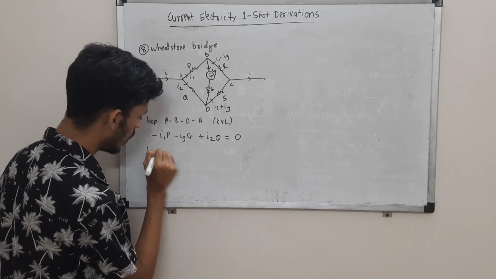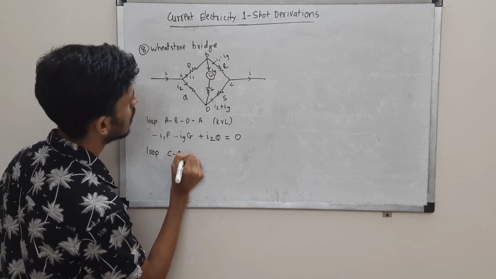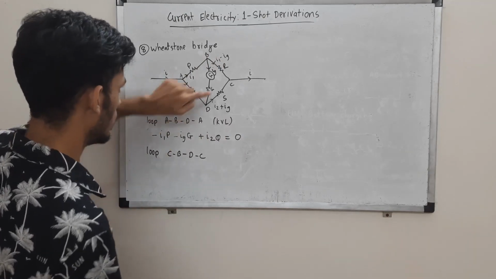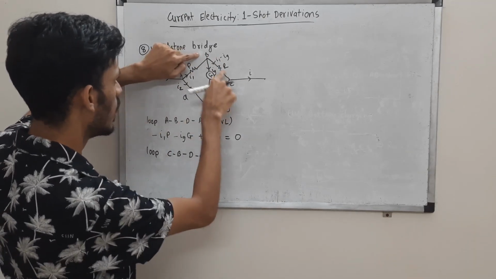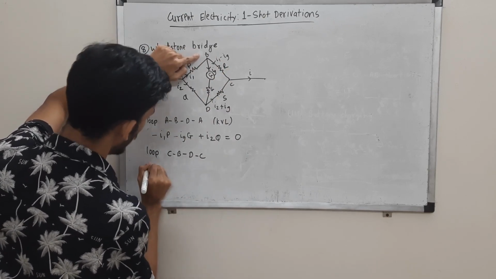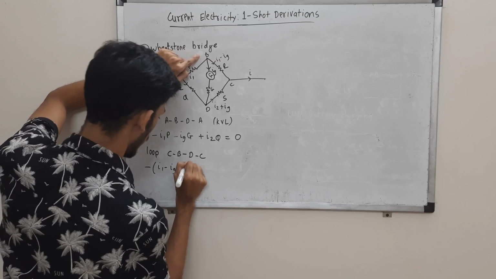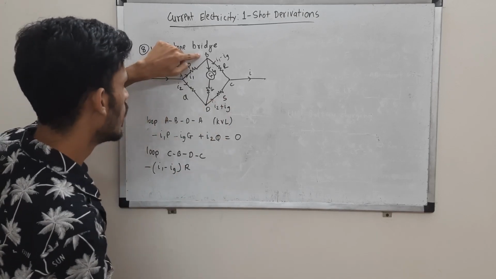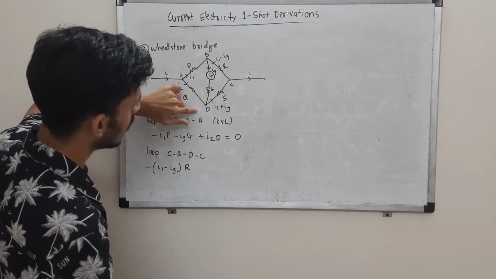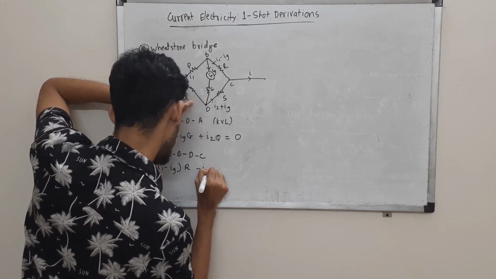Let's come to loop number 2, which is this loop. We can start from C, B, D, C. Starting from C to B, we have this resistor. We are moving opposite to the direction of current, so it is minus (I1 minus Ig) into R. Then we are moving from B to D, in the direction of Ig, so again it's minus IgG.